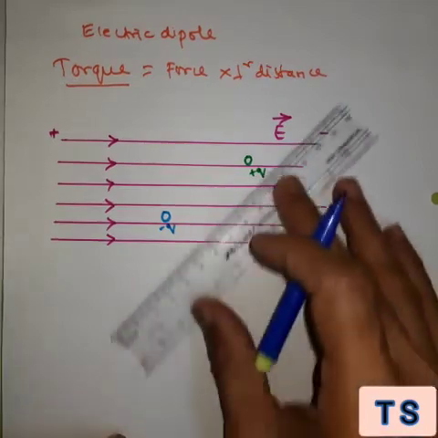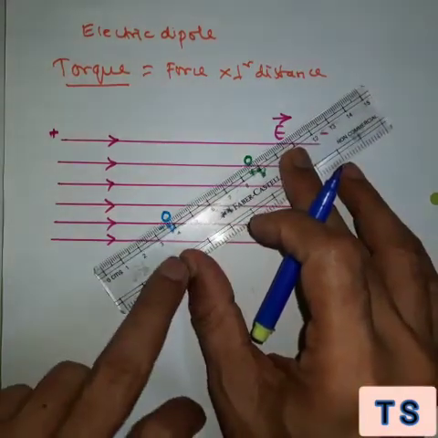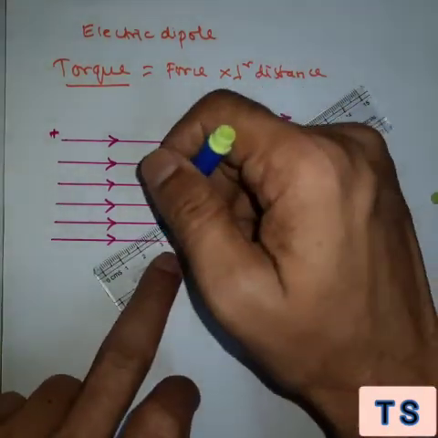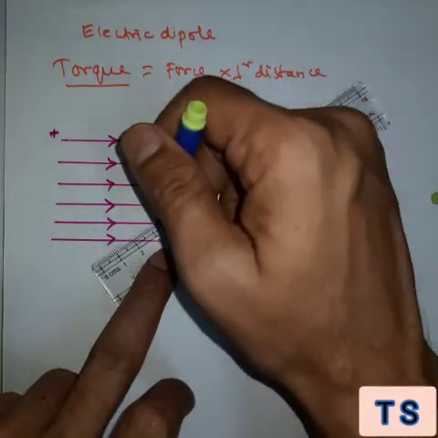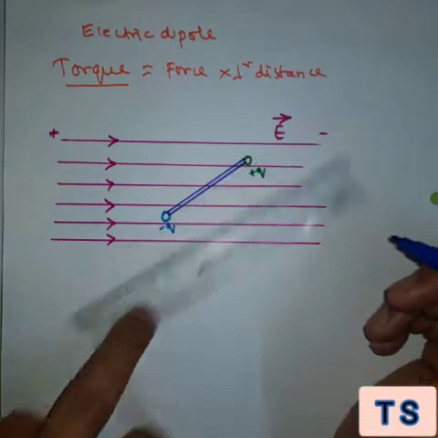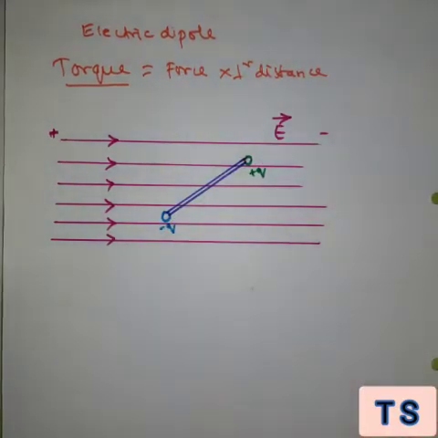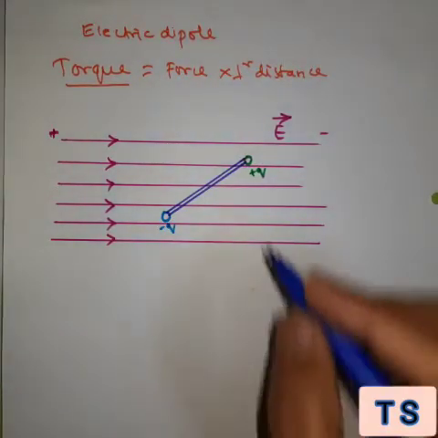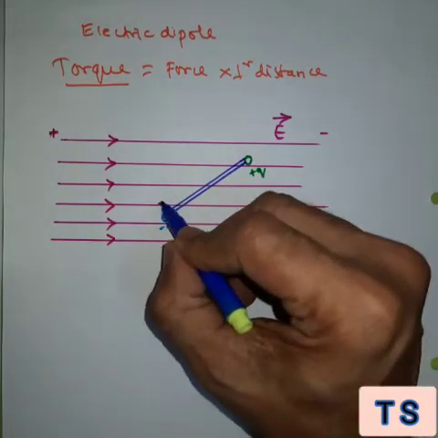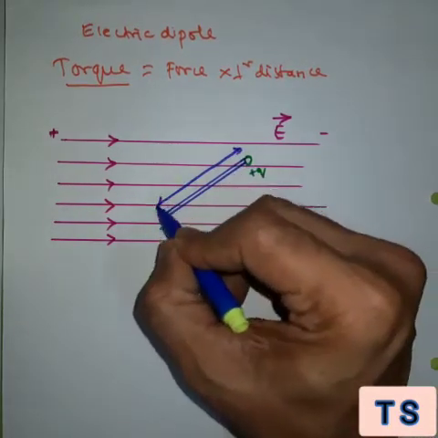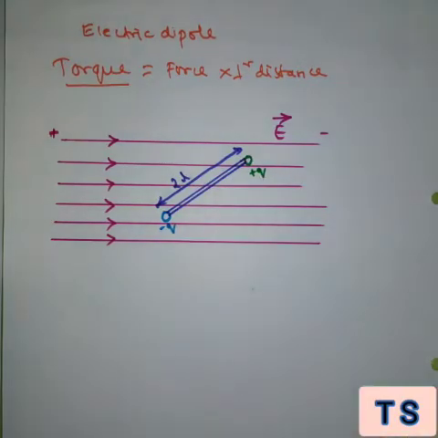I have already told you what the diagram should be and how you should draw it. So this is my dipole, and the length of this dipole is, let's say, 2l.